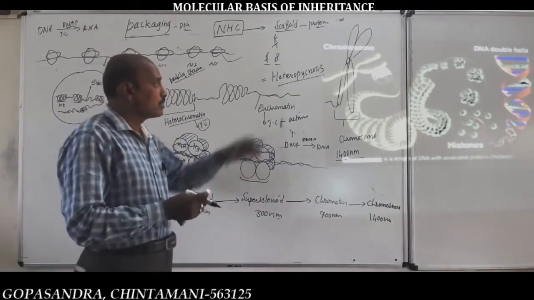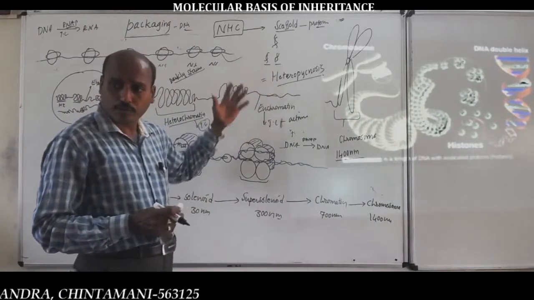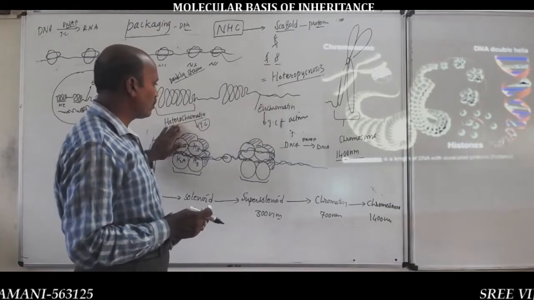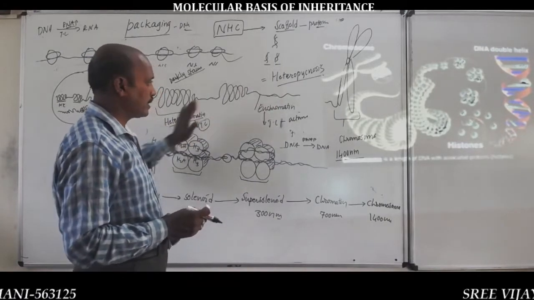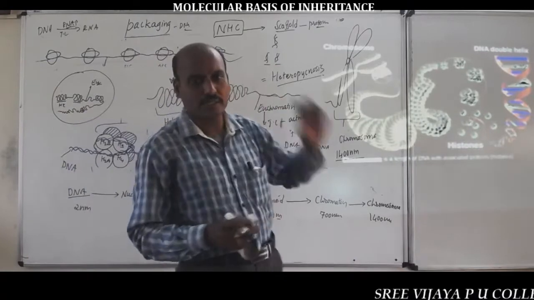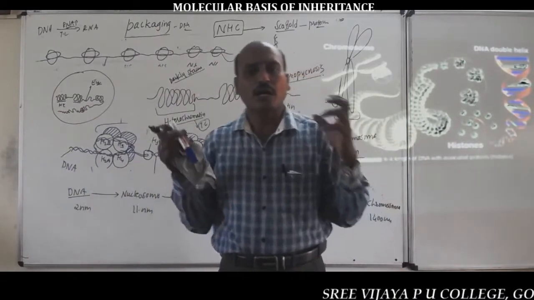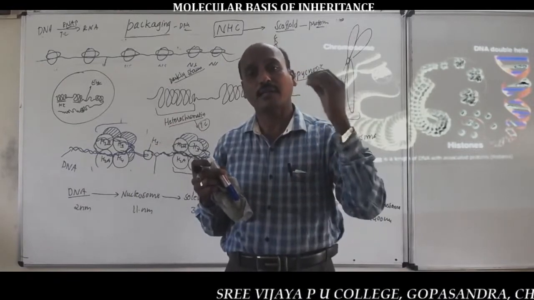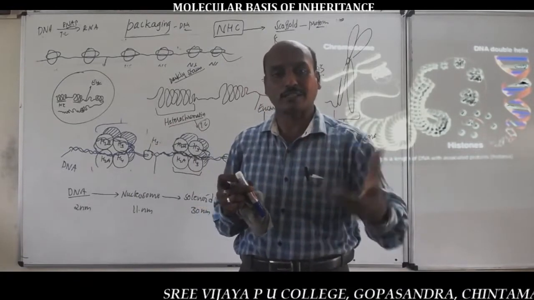Nothing but the behavior of chromosome in the form of euchromatin and heterochromatin is called heteropyknosis. This is the structure and also a brief explanation of packaging of DNA helix in eukaryotic cell.